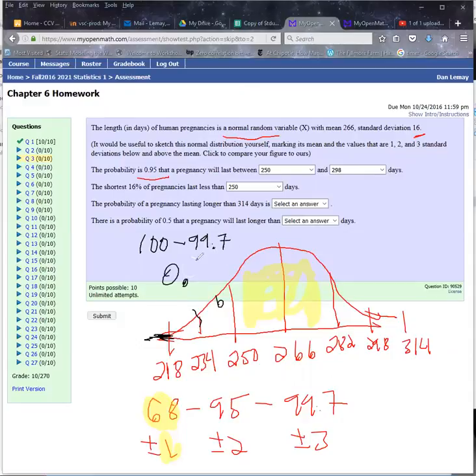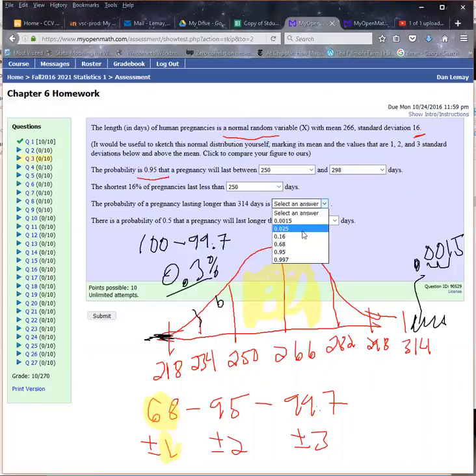That leaves 0.3%. And we're going to cut that in half, which tells me only 0.15%, or 0.0015 if we make a decimal. Remember, we move that decimal point over 2 places. That will be longer than 314 days. Those poor mothers. So 314 is 0.0015.